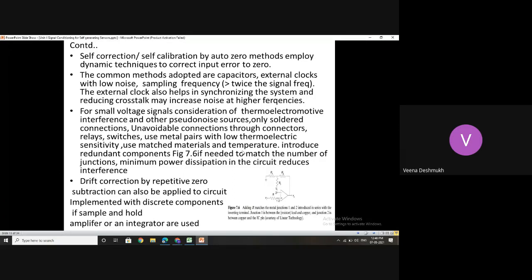And also we know that there is a sample and hold mechanism. These sample and hold circuits are also introduced in the circuit, and whenever the switch switches to zero, only the offset voltage is available at the input terminals of the op amp. When this is connected to the sample and hold network, this offset voltage is sampled and held.